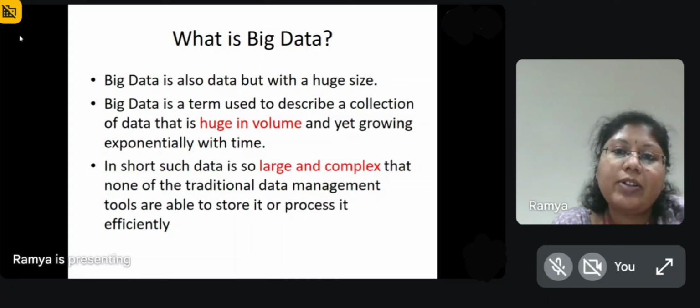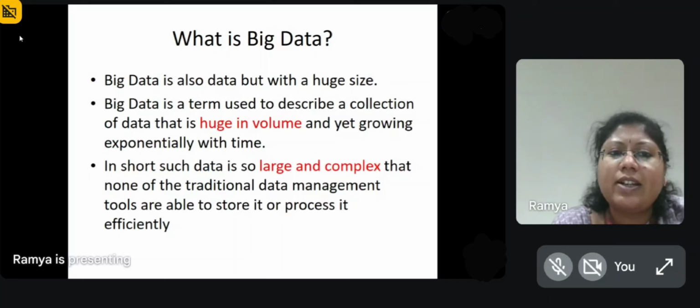So while dealing with big data, we should know what is data, secondly information, and third knowledge. Data is the raw fact which does not have relevance of contents. The second one is information, which is the processed data. The next one is mining, where you obtain the proper information.